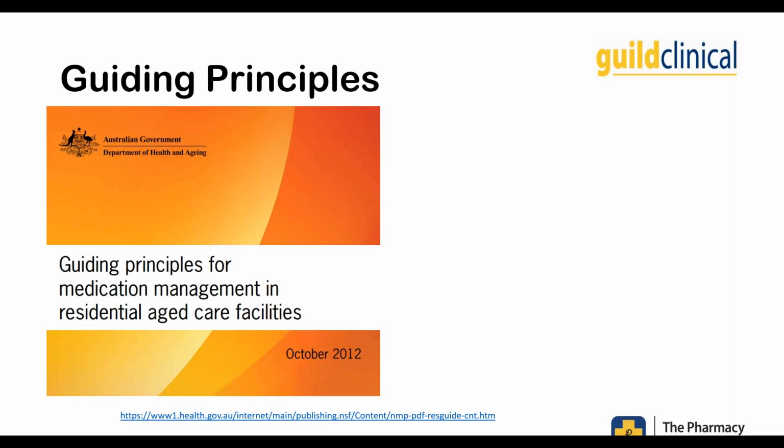So this is a very important document for you when you're doing RMMR and QUM. It's called the Guiding Principles for Medication Management in Residential Aged Care Facilities. And yes, it is October 2012, so it hasn't been updated because they think it's perfect. It'll be your major reference guide, so let's have a look.